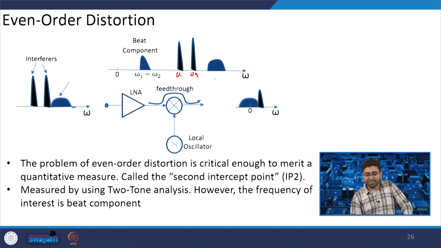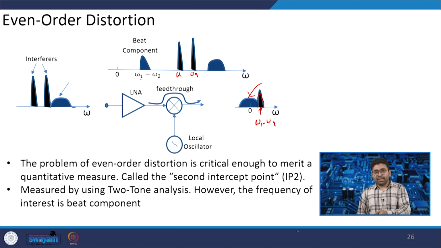Because these are at very high frequency, but coming to the antenna and our receiver, if you subtract omega 1 minus omega 2, and this is applied to our receiver which has not-good second order linearity, then this omega 1 minus omega 2 might fall near your desired frequency or desired components.